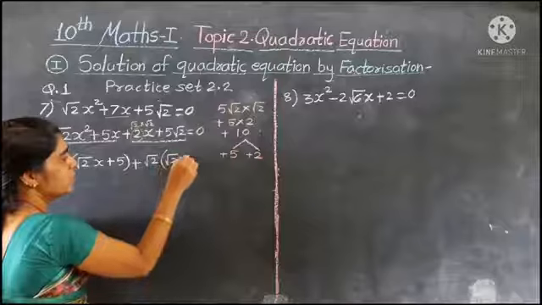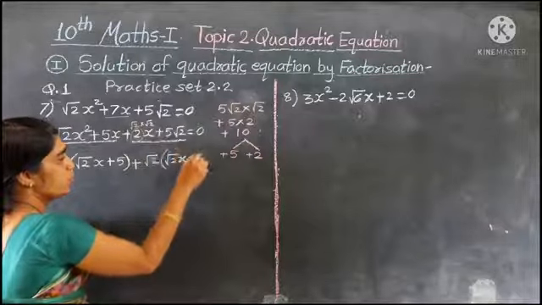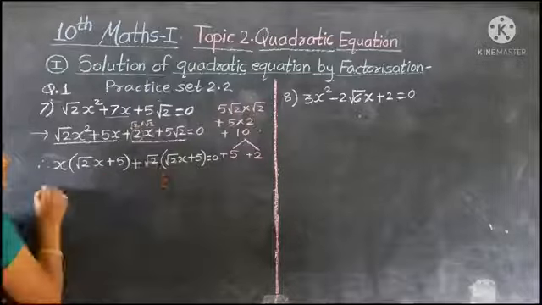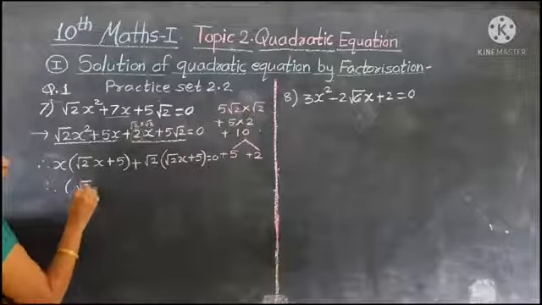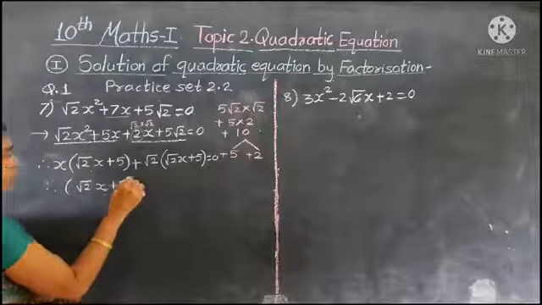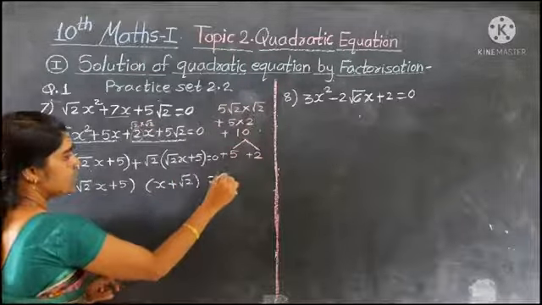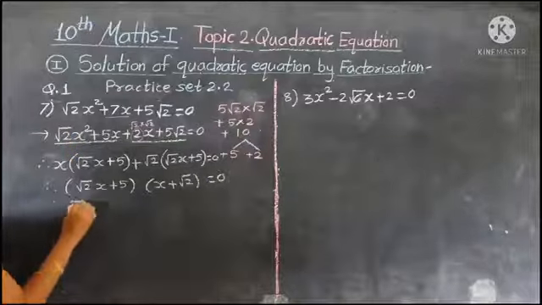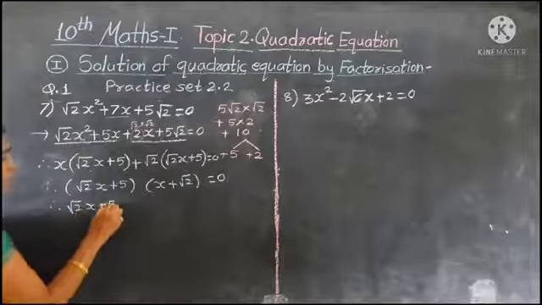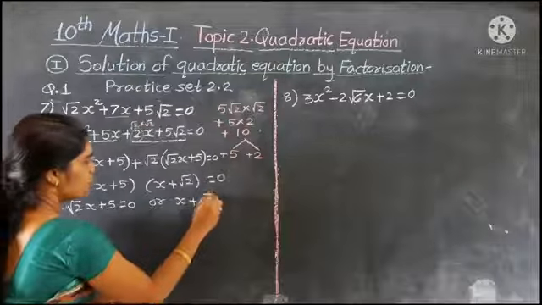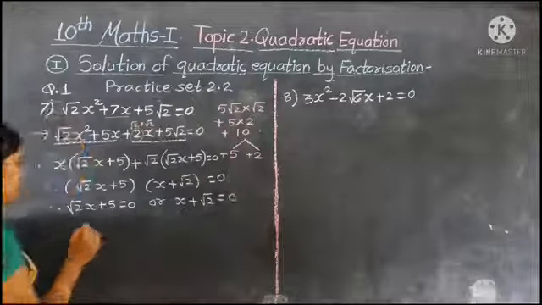Root 2x. Root 2 is common, so remains 5 is equal to 0. Now these two brackets are same. Therefore, root 2x plus 5 into x plus root 2 is equal to 0. Therefore, you write root 2x plus 5 is equal to 0 or x plus root 2 is equal to 0.